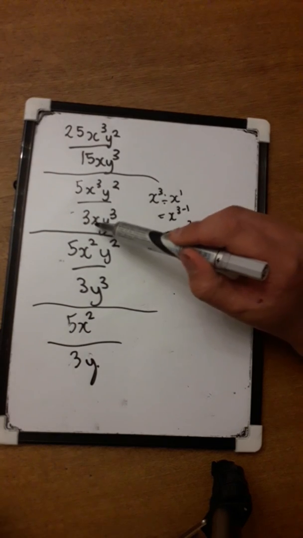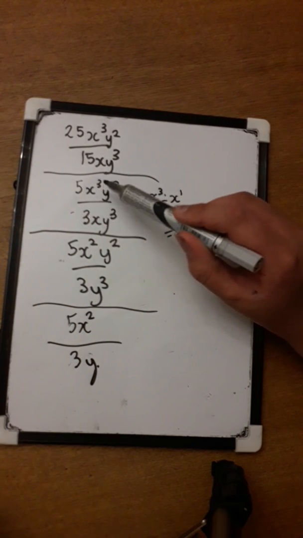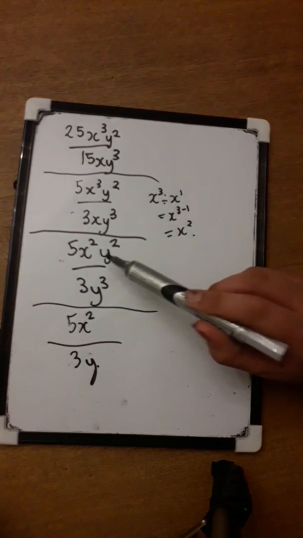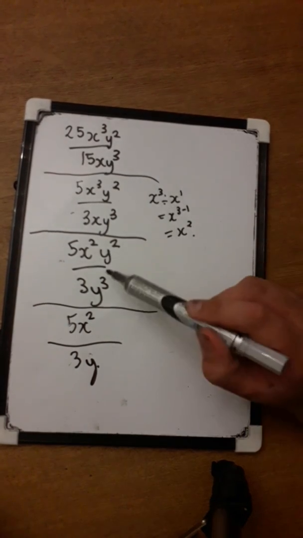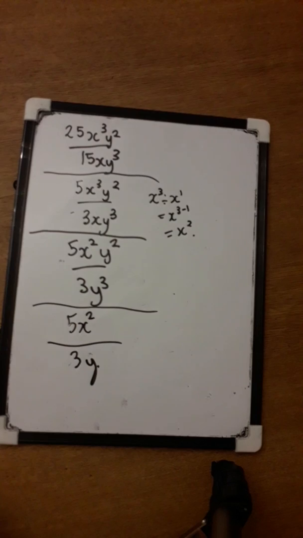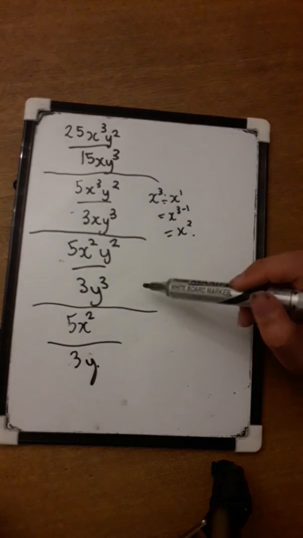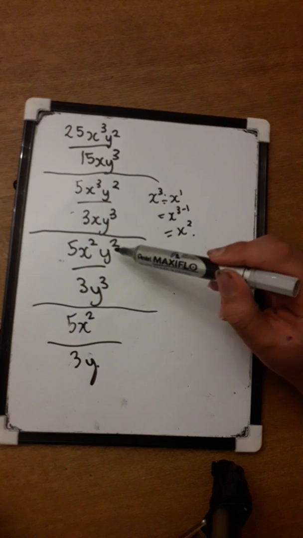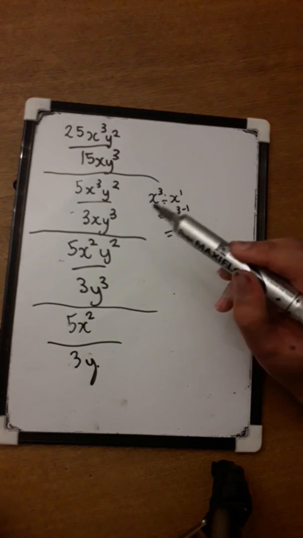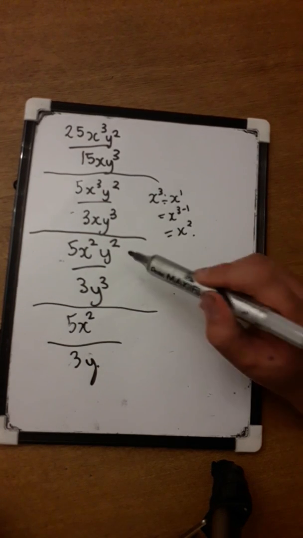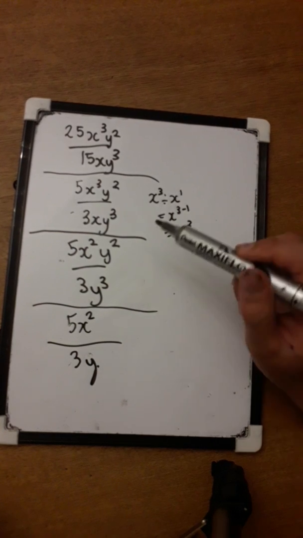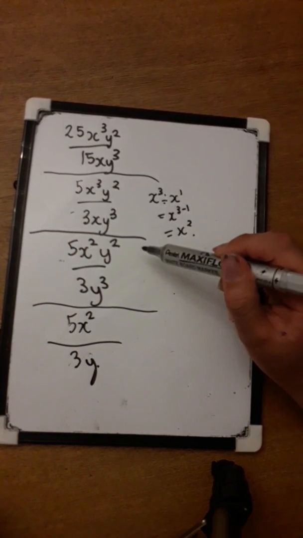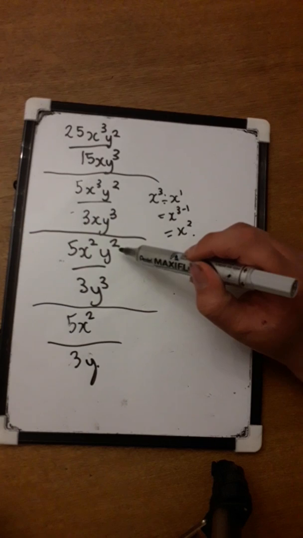I got rid of this x and an x on the top, which gave me 5x squared y squared over 3y cubed. Then what I did was remove the y's. So I took off the lowest common factor of both, which is y squared. So I removed them both.